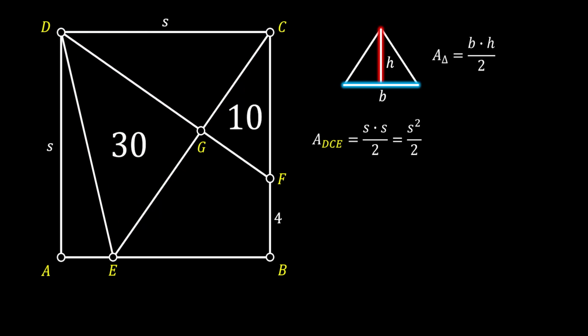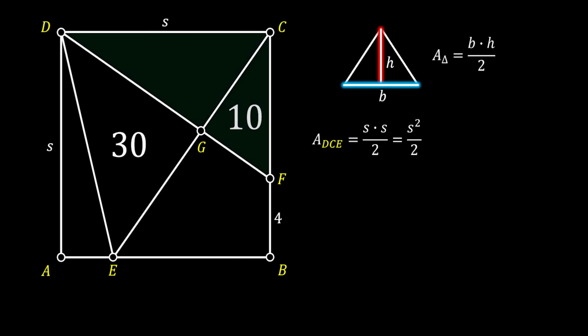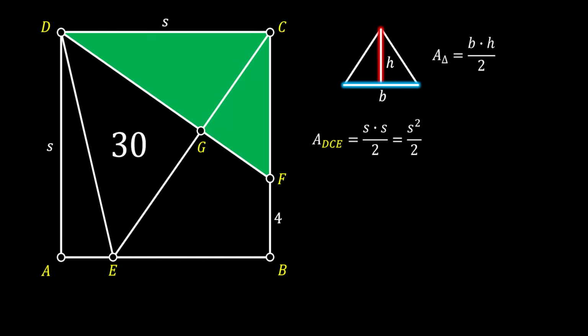So now let's take a look at another triangle, the triangle FCD this time. You can see that the base of this right-angled triangle is equal to S, and it has the height of FC. But if you take a look at the vertical side of the square once again and slide it to the right, you can see that this vertical side consists of two segments, the segment BF with the length of 4 and the segment FC.